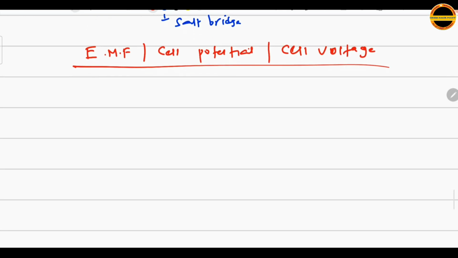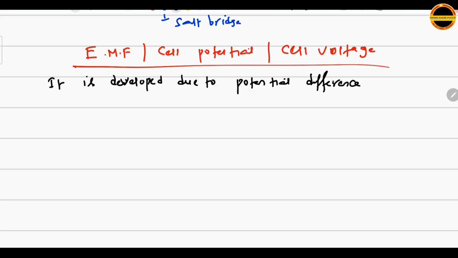Electromotive force, EMF, is developed due to the potential difference between anode and cathode. Whichever potential difference is developed between anode and cathode, we refer to it as cell potential or EMF.